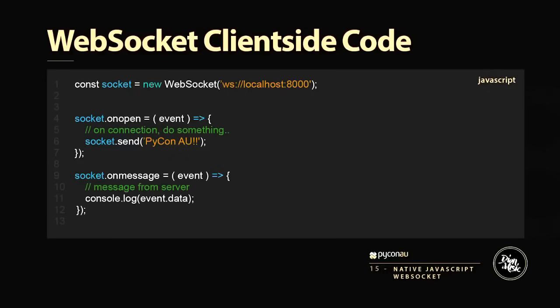And then you have to define a couple of functions. So this socket object has an onopen event, which means once the protocol has been swapped and upgraded to WebSockets, this function gets called, right? And so in the example that I've got up on the screen, it's just a lambda way of dealing with that. So in my example, I open that connection, and then, using socket.send, I send the string PyCon AU up to the server. And then when the server sends something back to me, the socket onmessage is called.